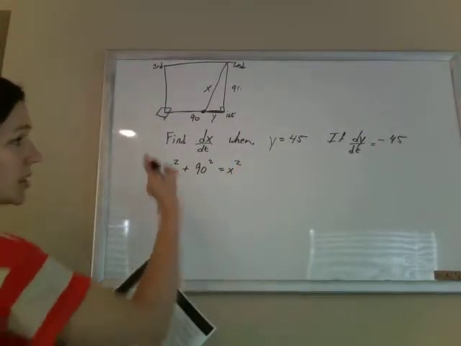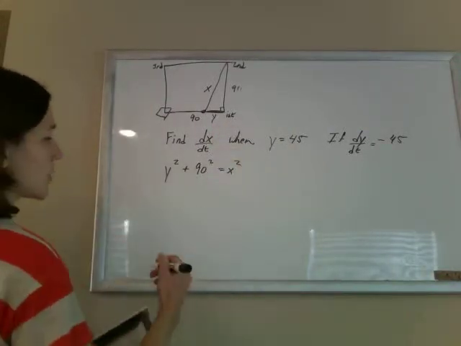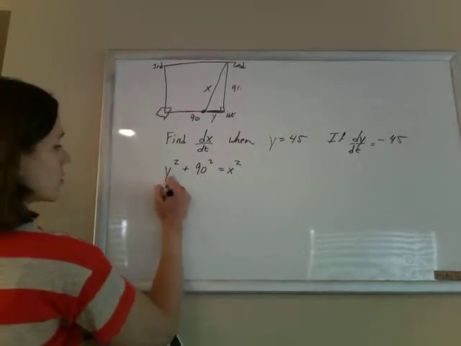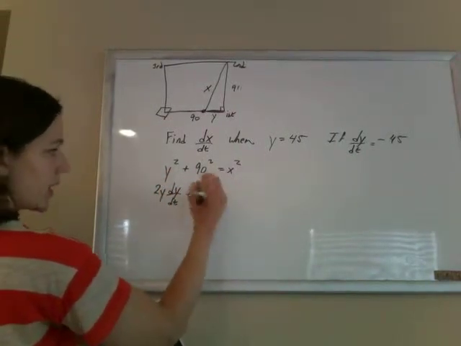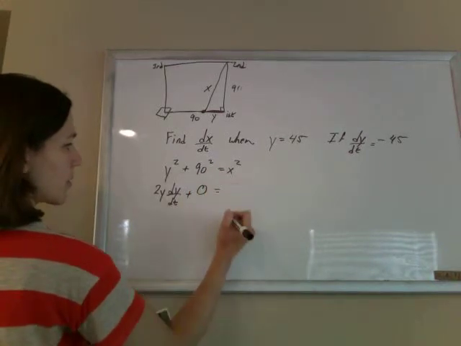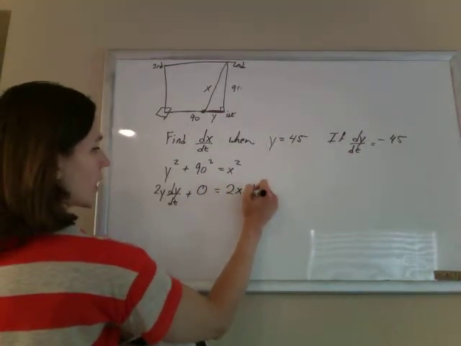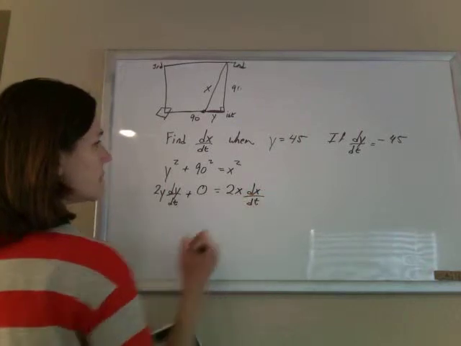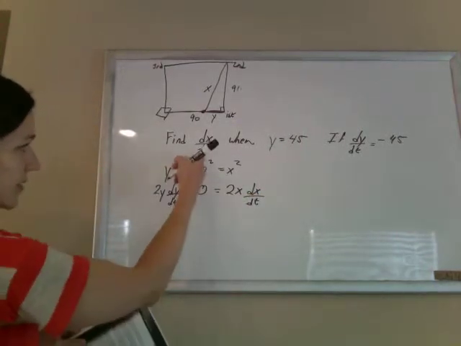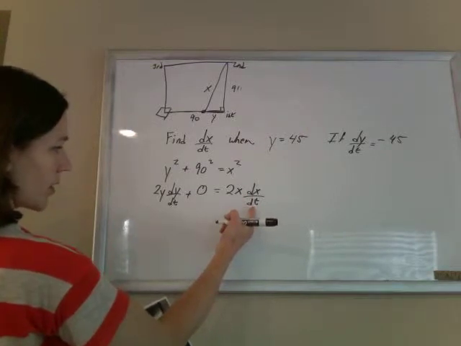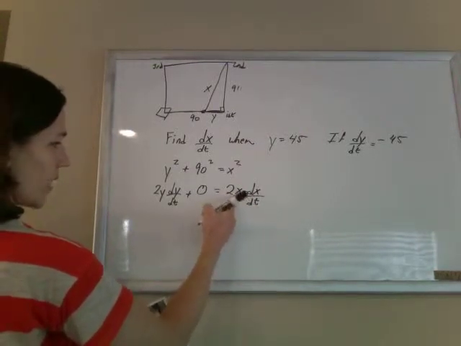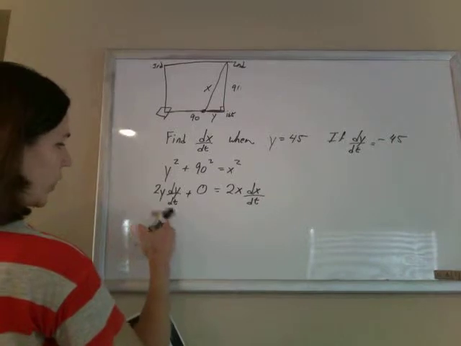Now we need derivatives, so go ahead and take the derivative implicitly. So 2y dy/dt plus the derivative of 90 squared, which is just a constant, so that's 0, equals 2x dx/dt. And I'd like to find dx/dt, so I can just divide both sides by 2x.